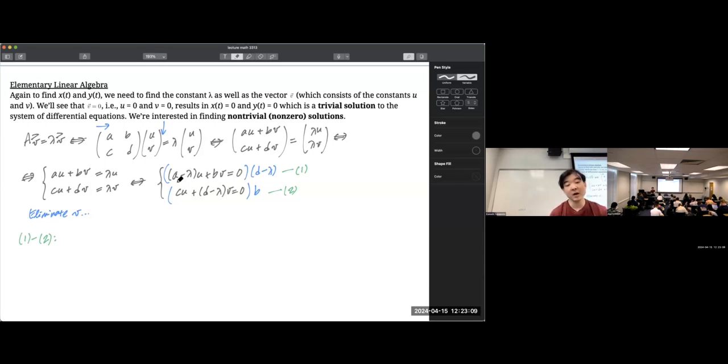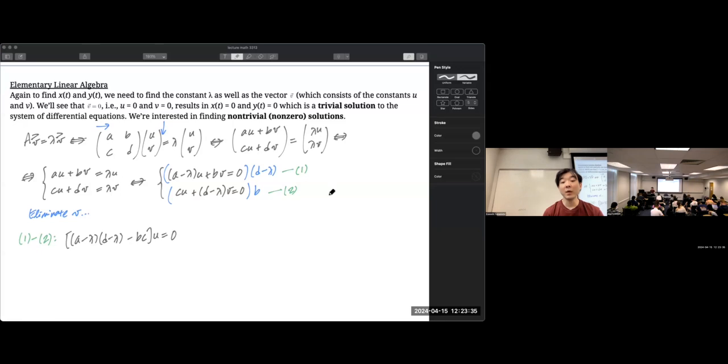So all you have are these two that are going to be subtracted from each other. They both have U's. The first one is going to have A minus lambda times D minus lambda, minus BC, because the B times C times U is going to equal 0. Right? So this will happen if you took these two and subtracted after you've multiplied those two.